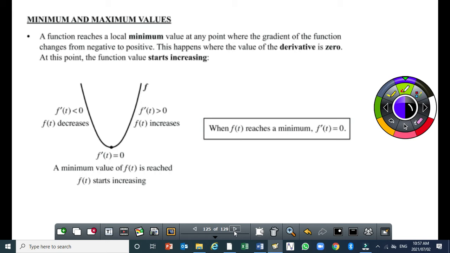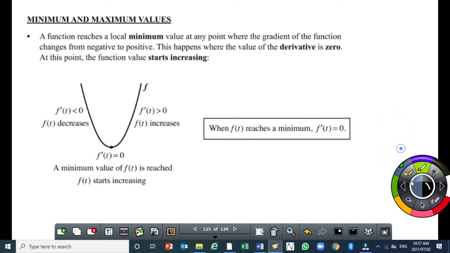Now, the other concept which I told you earlier is the concept of minimum and maximum values. Now, this is very important for you to know. If I draw a cubic graph like that, sometimes you may be asked to determine what is the value of y at the minimum turning point.